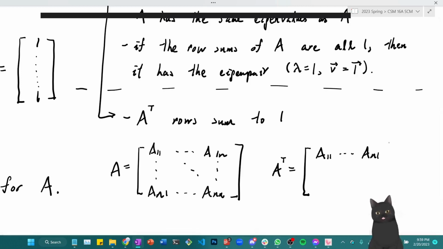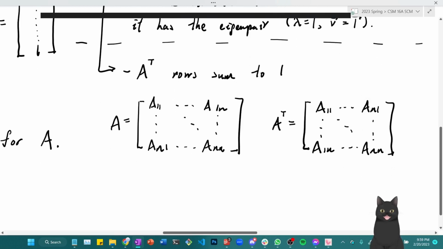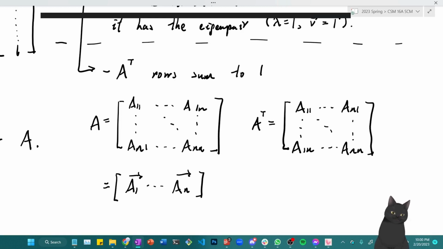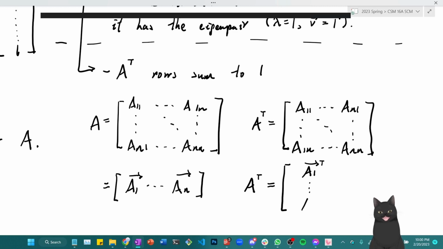You will see that if I express A as a matrix of its columns A1 to AN, which correspond to the columns above that we have in matrix A, then the matrix A transpose would be equal to a matrix resulted by stacking the transposed version of the column vectors, and you can see that from the component expression here. I'll leave the screen here for 5 seconds, and if you want to pause the video and try to see this relationship, please feel free.